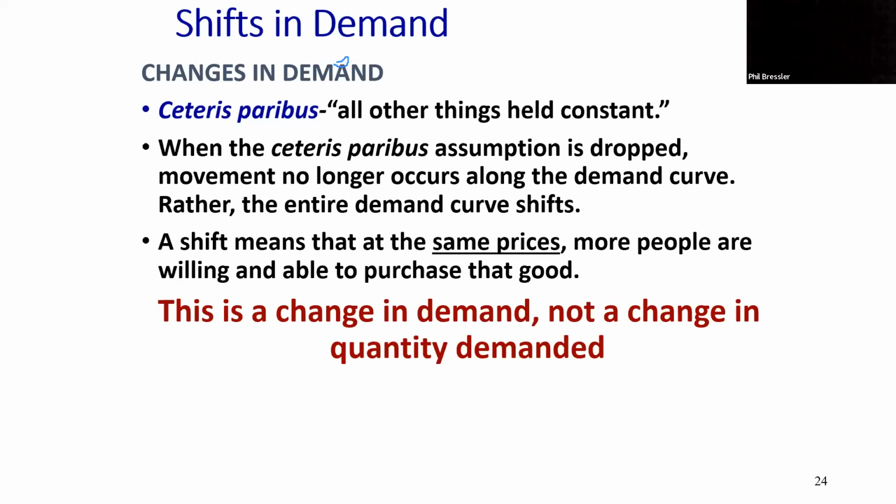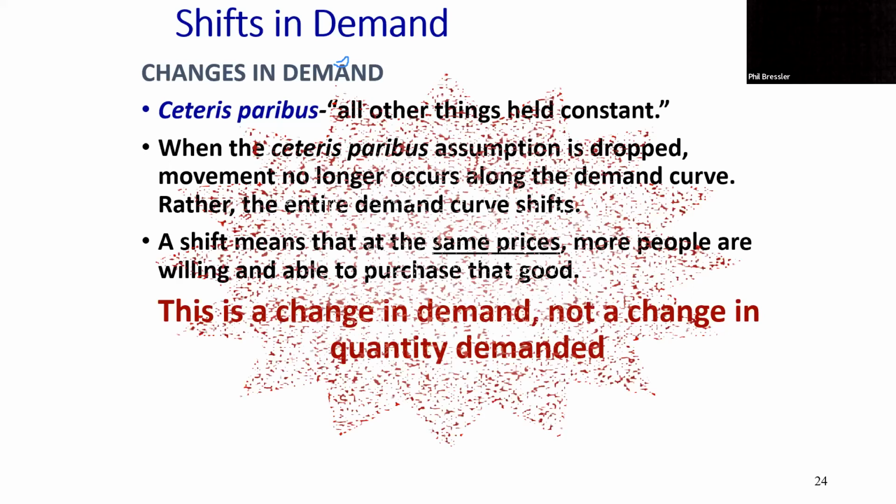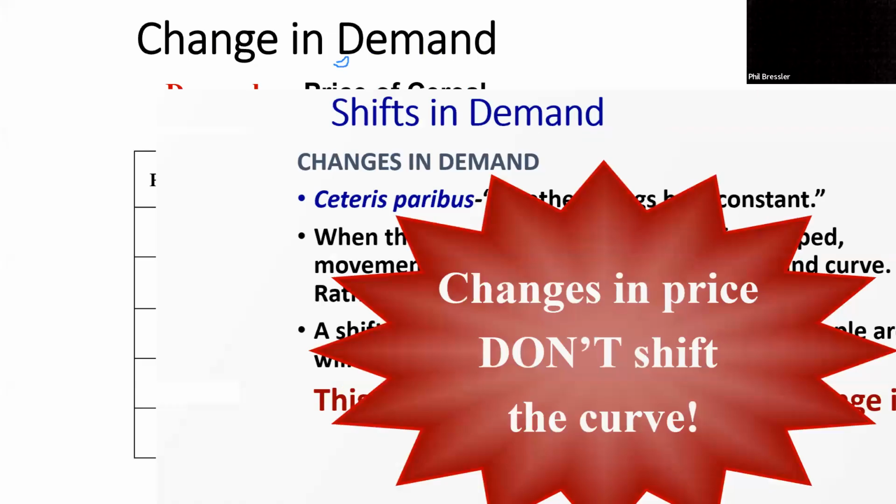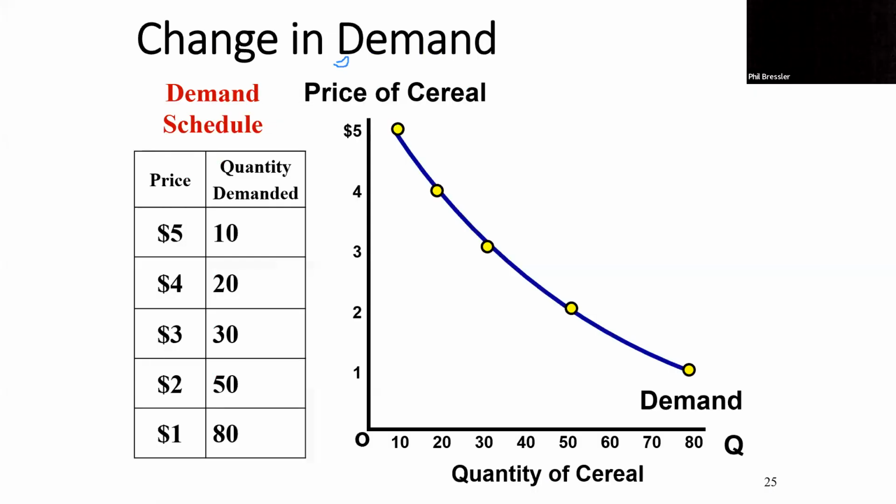So if they say change in quantity demanded, the curve doesn't shift. Remember earlier I said the vocabulary is going to be tricky. It is. A change in demand means the whole curve shifts. A change in price does not shift the curve.